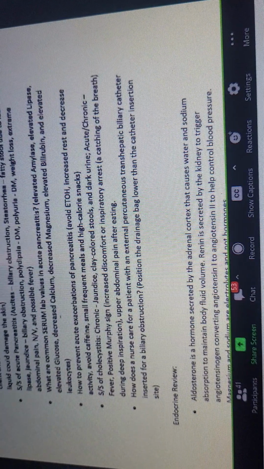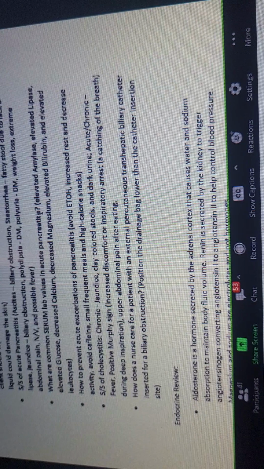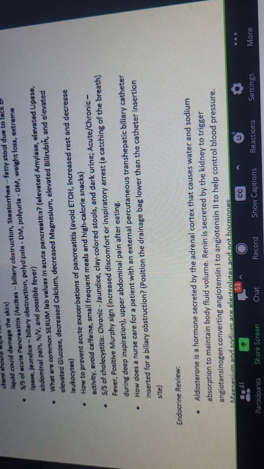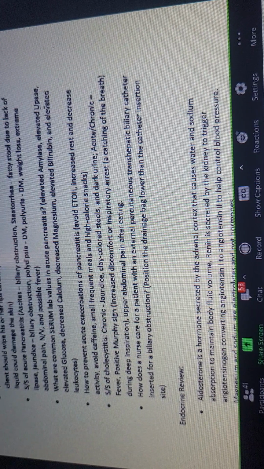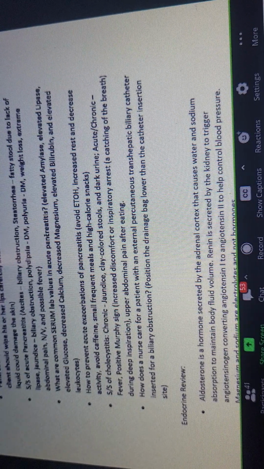So, what are some common serum lab values in acute pancreatitis? Well, some of them include elevated amylase, elevated lipase, right? This is acute pancreatitis, not chronic, acute.